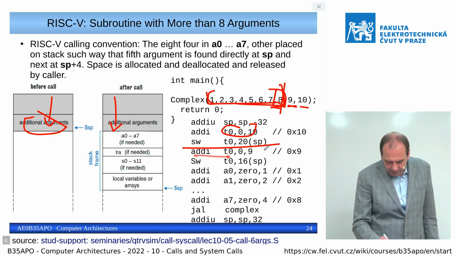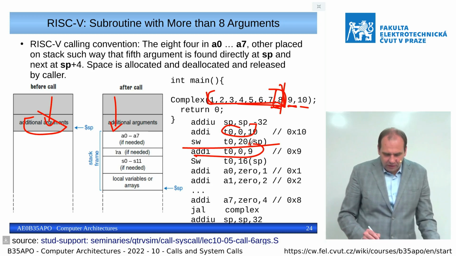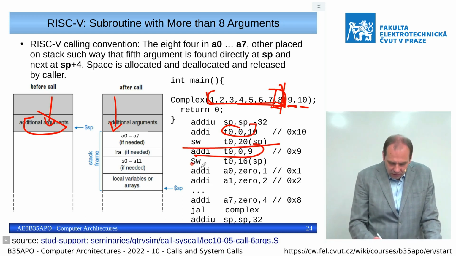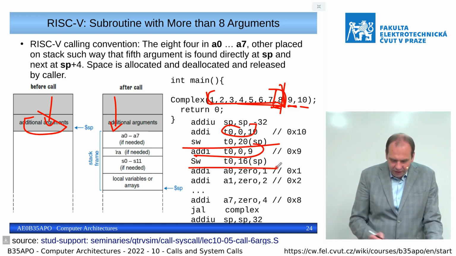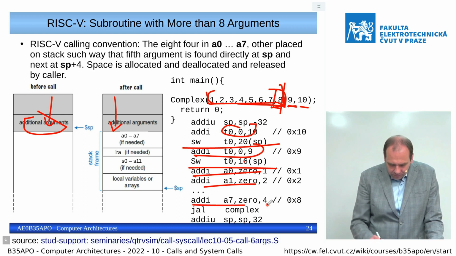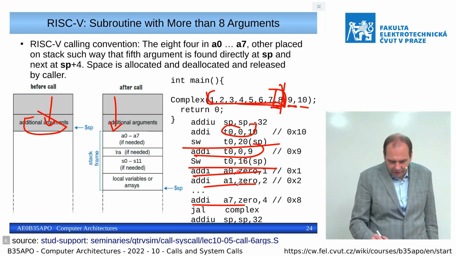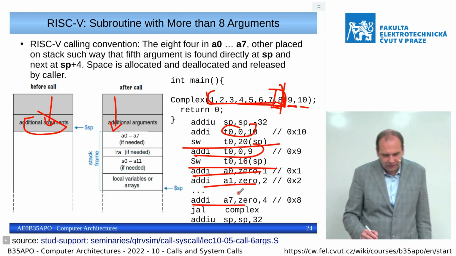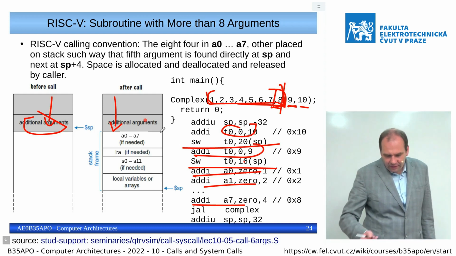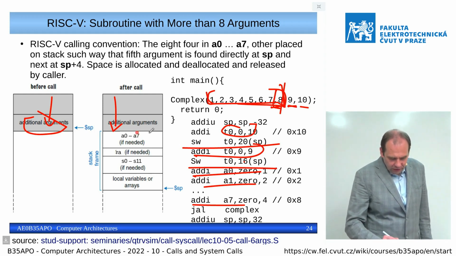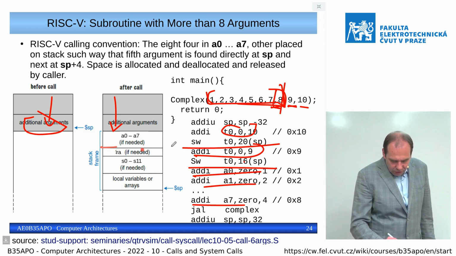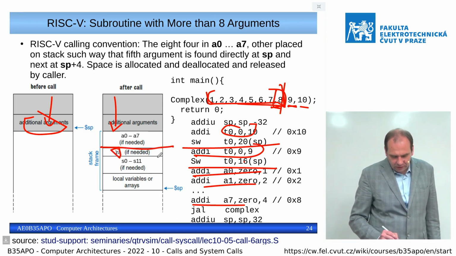Then it prepares another value, stores it onto the stack, and so on, at the correct offset. And then it sets the argument registers and calls a subroutine. And the subroutine stores the return address register onto the stack.